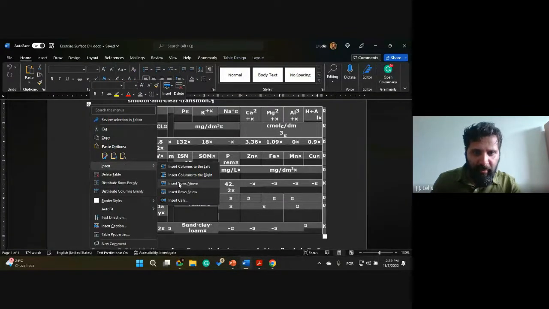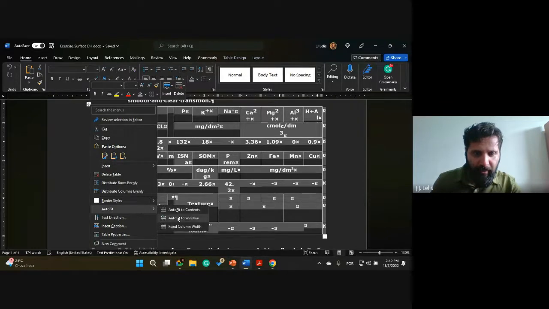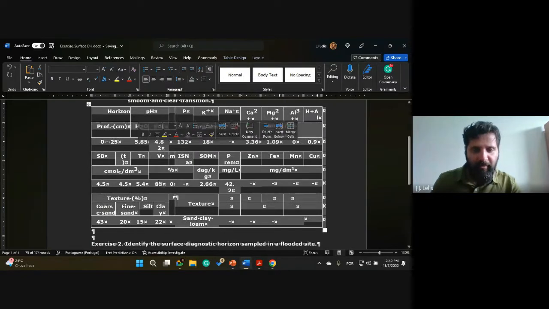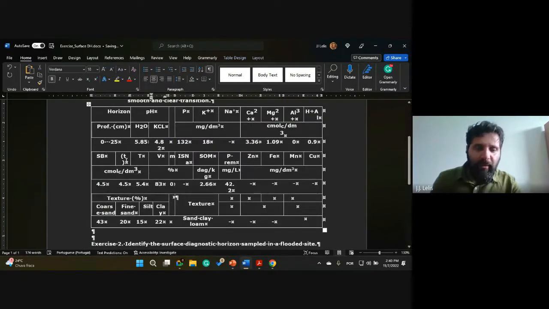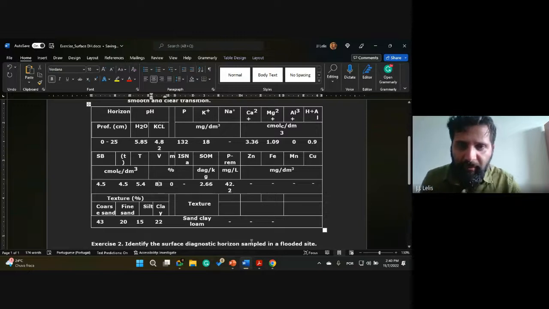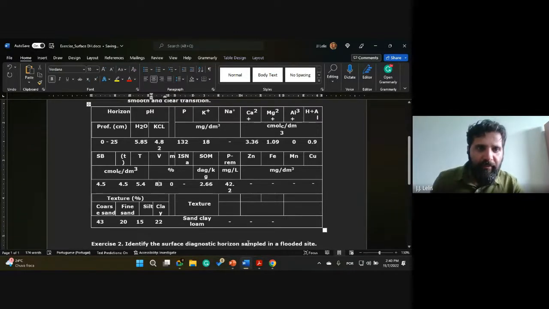Let me just try to correct this table. Just a moment. Okay, it's better now. So we are seeing only the data, okay? And the pH of this material is not so high, but it's not so low either.